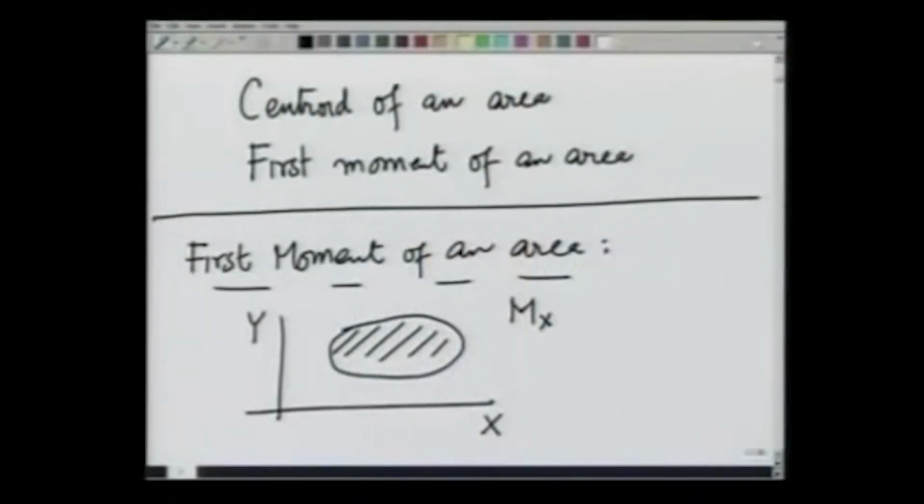I define the first moment of this area, Mx, about the x axis as the summation of yi delta Ai, where delta Ai is a small area at a distance of yi from the x axis.